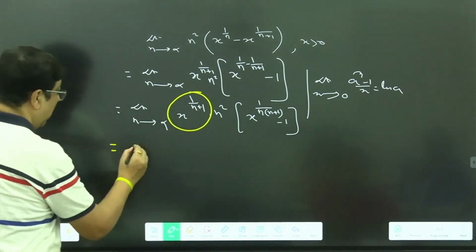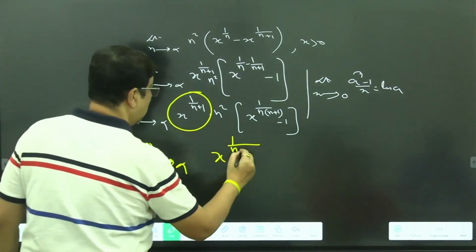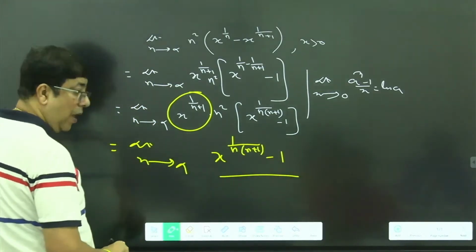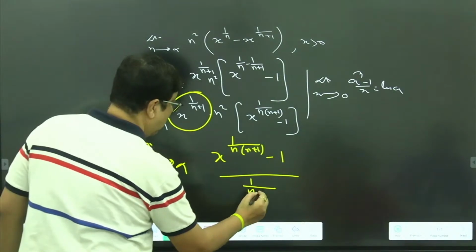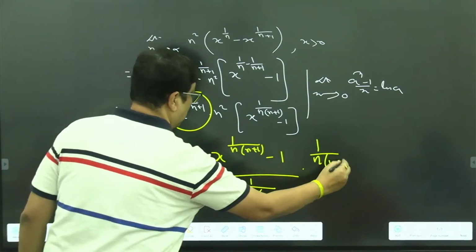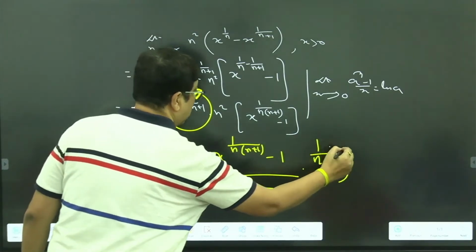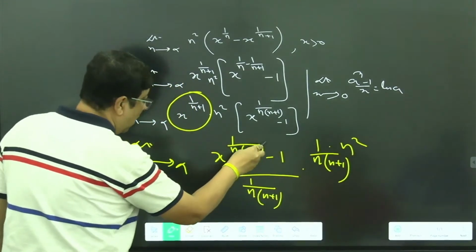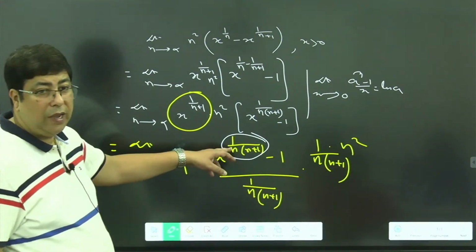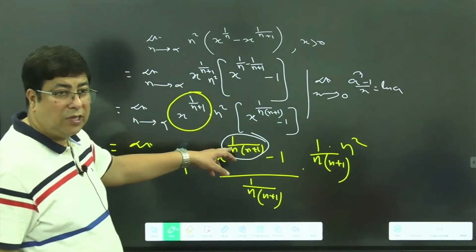So I am applying here limit n tends to infinity of (x to the power 1 by n into n plus 1 minus 1) divided by 1 by n into n plus 1, balanced by 1 by n into n plus 1. Divided by this, n square is out here. So 1 by n into n plus 1 will tend to 0 as n tends to infinity.